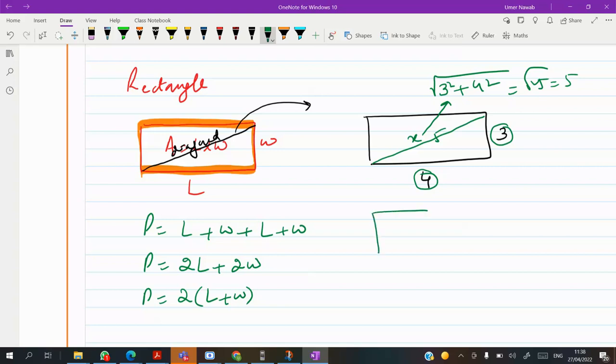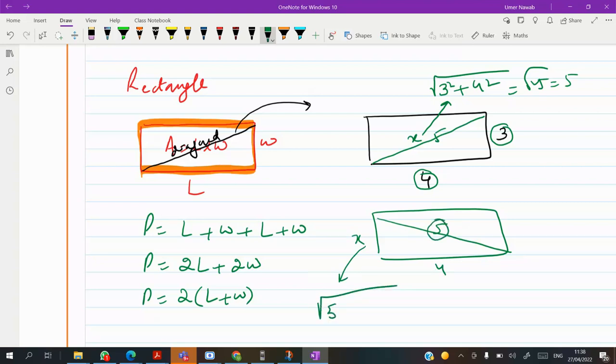But sometimes in the exam, he gives you the diagonal and he wants you to find one of the unknown lengths. Then x is equal to the square root of 5 squared minus 4 squared. It's again the Pythagoras theorem, and then you can easily get the required information.